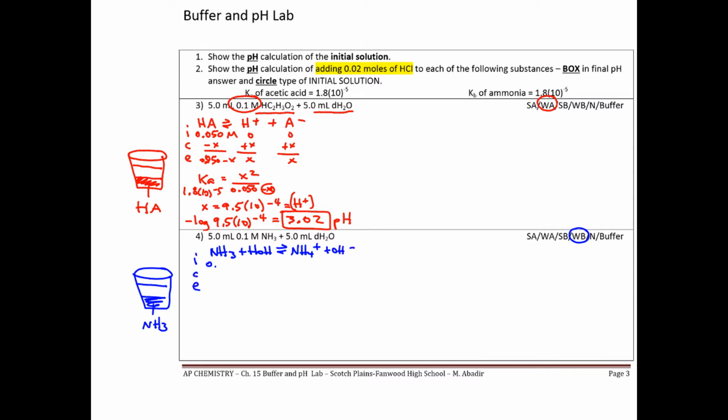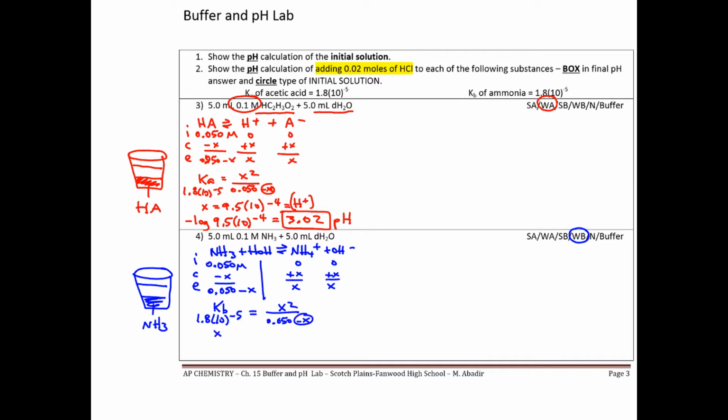This is now again going to be 0.05 because you cut it in half. We don't care about the water. 0, 0, minus x, plus x, plus x. So 0.05 minus x, x, x. And we're going to set that equal to Kb of ammonia, which happens to be 1.8 times 10 to the minus 5th, equals x squared over 0.05 minus x. Again, ignore the x.